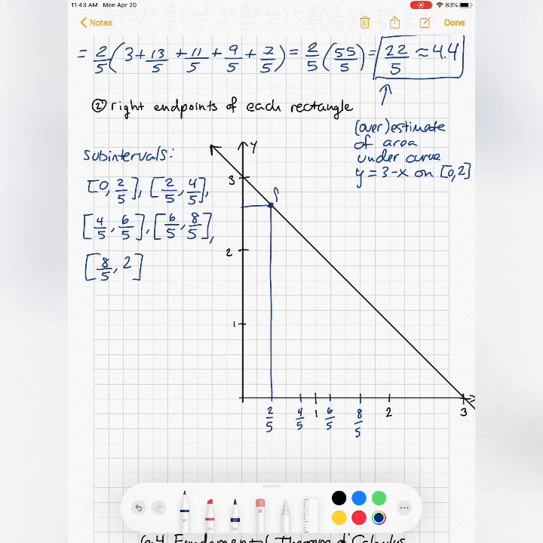So the height of the rectangle now is going to be f of 2/5.